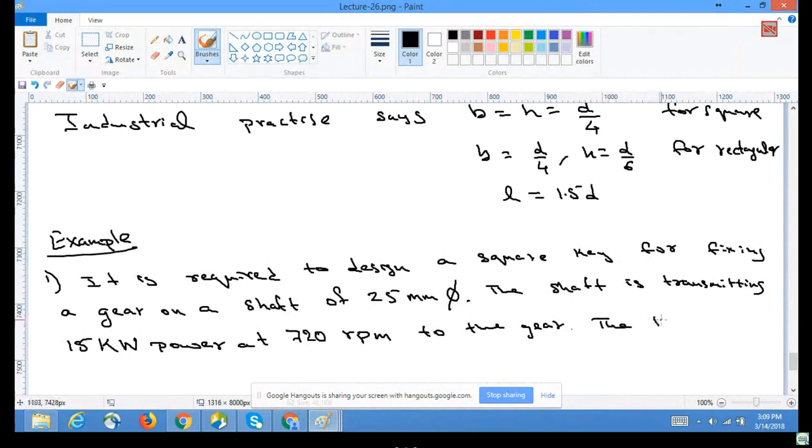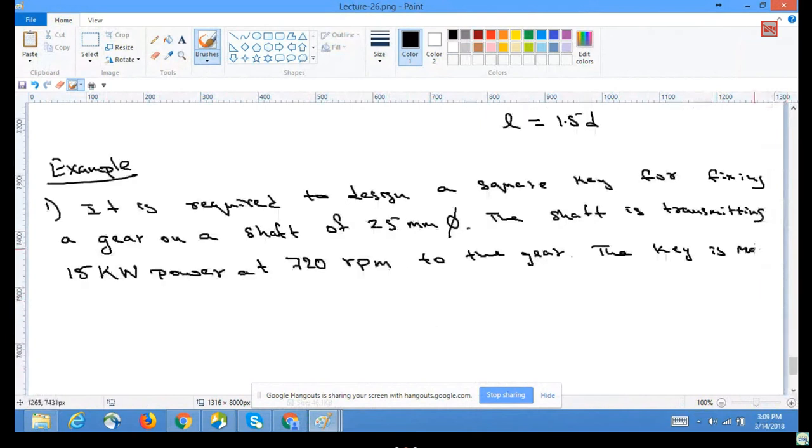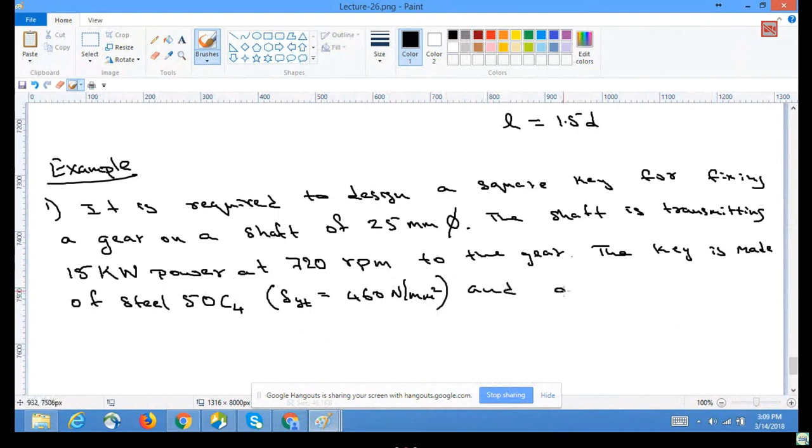The key is made of steel, which is 50C4, for which SYT is equal to 460 MPa, and a factor of safety equal to 3 is used.